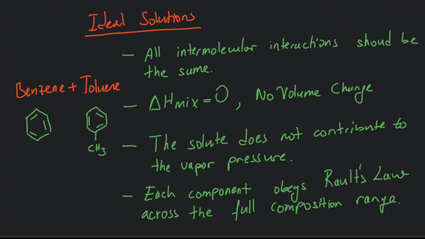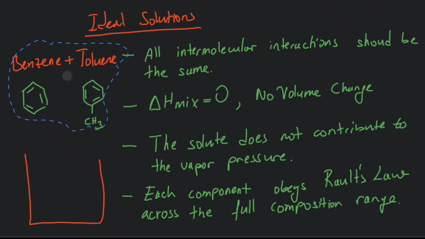And we can write the vapor pressure of this binary solution. I want to show it on a graph. So we have a graph here. For instance, we have the pressure of toluene here.